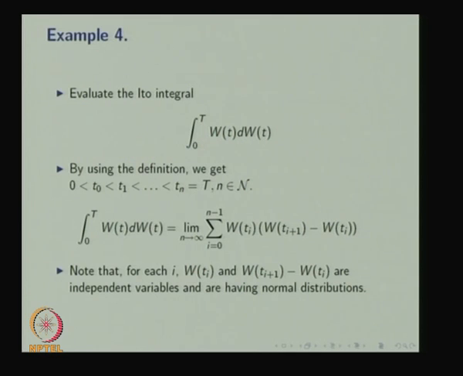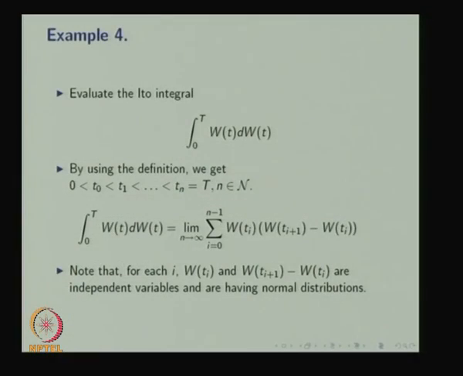Therefore W(t_i) and W(t_(i+1)) minus W(t_i) are independent random variables having normal distributions. We are using this property of Brownian motion.